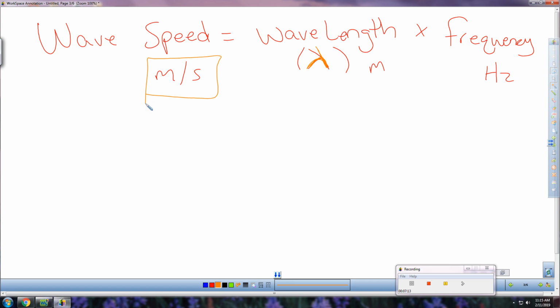It could be nanometers per second or kilometers per second, depending on what type of wave we're actually attacking. Write down the formula. You will need to know the formula for the test. As long as you know the formula and you know the right units, which is meters for wavelength, hertz for frequency, and meters per second for wave speed.